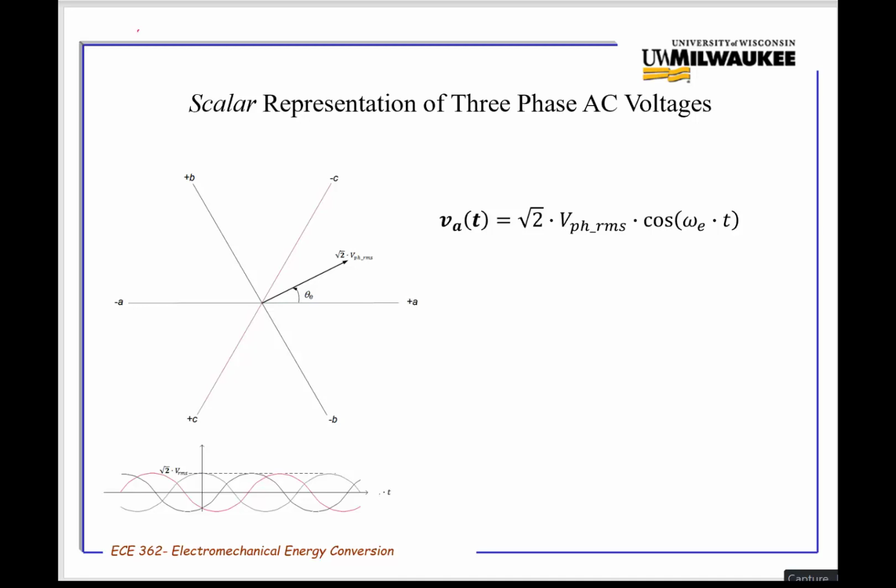The A phase is this blue line right here, and what I'm going to do is superimpose an axis on top of this polar coordinate system. It's really like the x-axis of a Cartesian coordinate system.